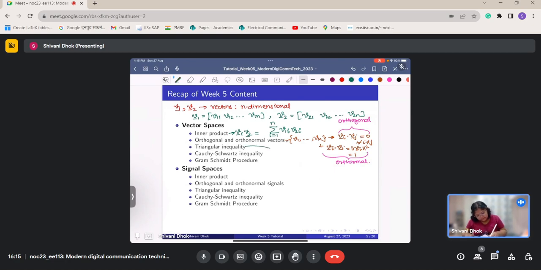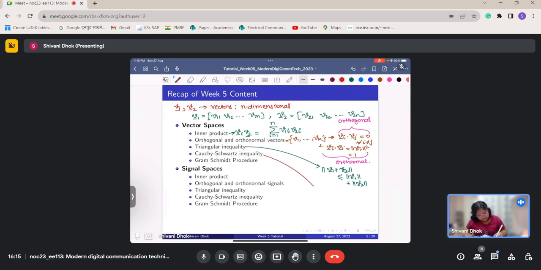Then the next thing that was discussed was the triangular inequality. It says that if I take the norm of v1 plus v2, then this is less than or equal to norm of v1 plus norm of v2. This is the triangular inequality. After that, the Cauchy-Schwarz inequality was introduced.